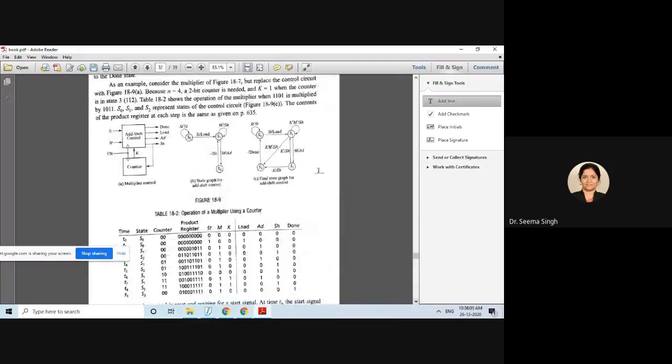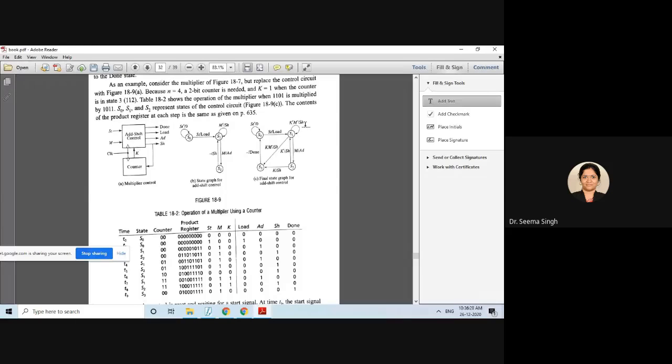It is repeated in what way? You can see here. It goes to M. If M is 1, it adds and it goes back to shift. It keeps on shifting at S1 with M 0 without addition. If M is 1, it adds and comes back to S1 with shifting. So the triangle is happening like this.